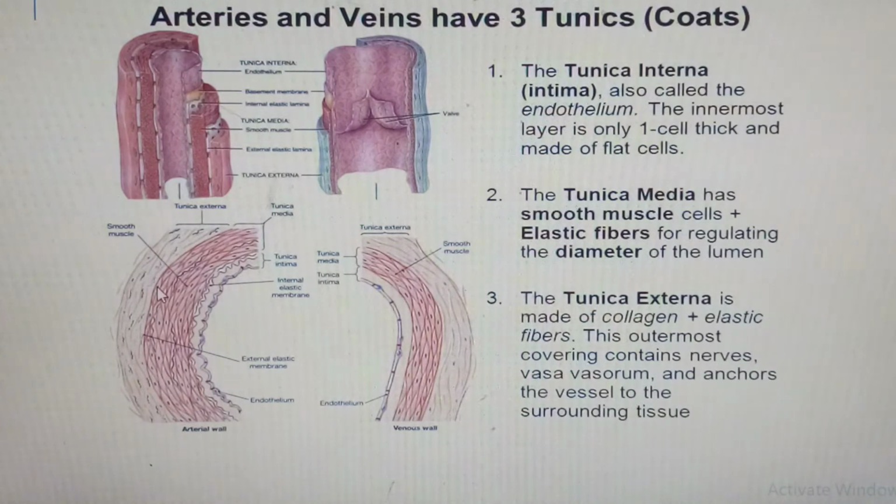And then beyond this one we are going to have a layer of loose connective tissue, that is the tunica adventitia. But separating the tunica adventitia and the tunica media will be an external elastic membrane or external elastic lamina. Okay, so that is what we are going to see.